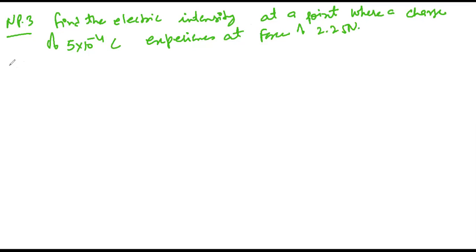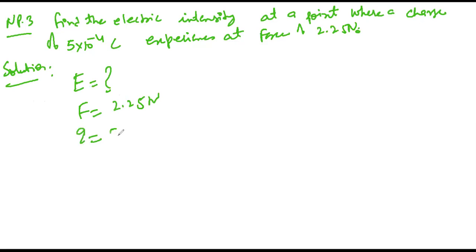Do you know the formula for this question? You have to find electric field intensity. What is given? F. F is how much? 2.25 Newton. Q. Q is how much?